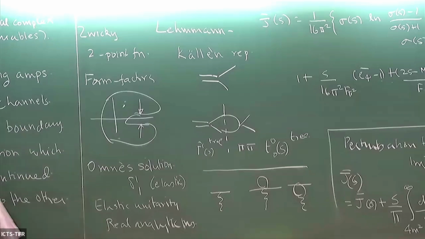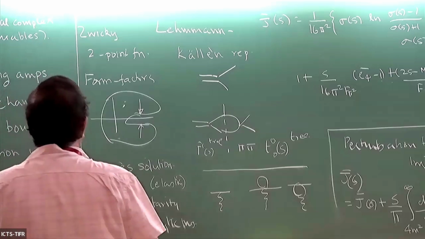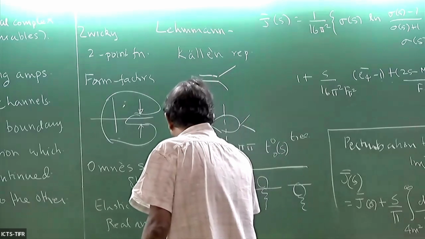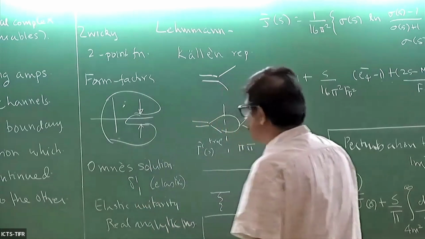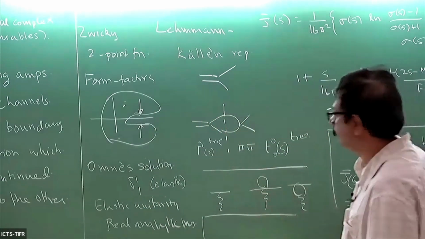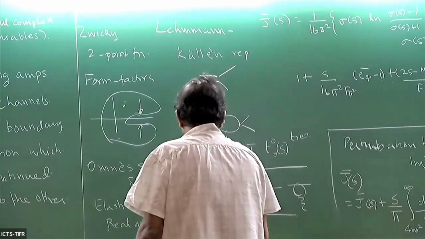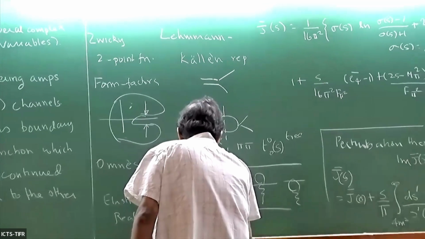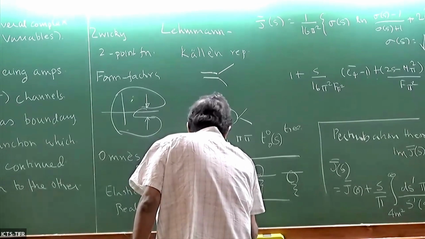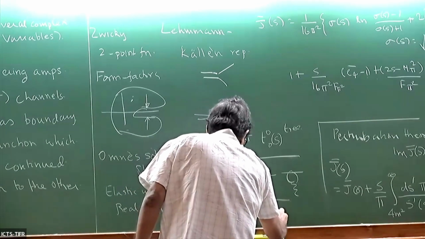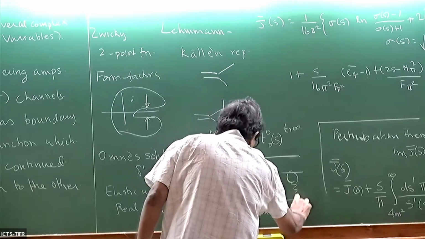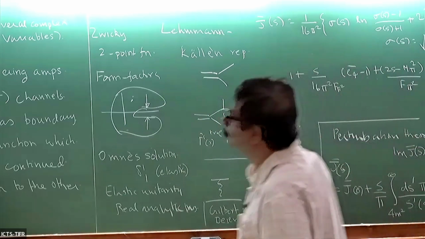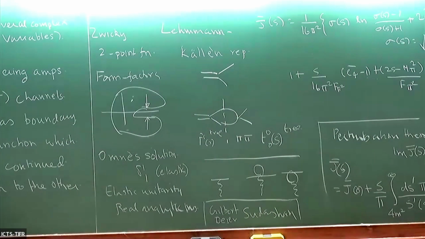That was for 2-point functions. For 3-point functions, if I'm not mistaken, the corresponding representation in field theory is due to Gilbert, Deser, and Sudarshan. Again, this is a part of history that you can study to motivate your own interest in these topics.